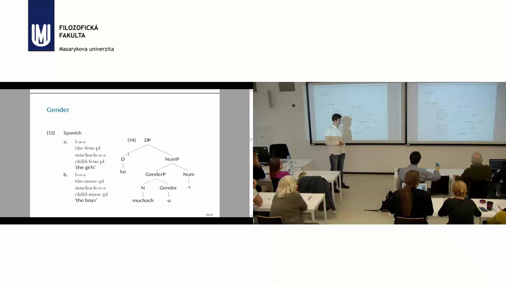We have the root denoting, say, a child, and if that child belongs to the feminine gender, then you put an A, and if that's a plurality, then in addition you put an S. That's the story of how the noun becomes more and more empty of grammatical properties.